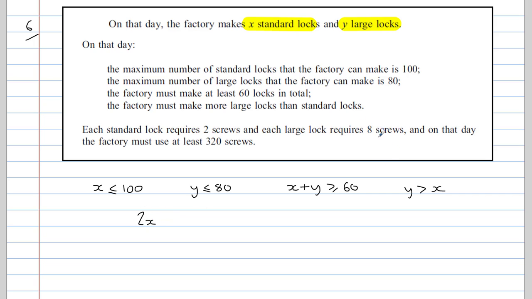For the large locks, if we need 8 screws for each and we make Y locks, we would need 8 multiplied by Y screws, and that must be greater than or equal to 320. This one can be simplified. Dividing through by 2 gives us X plus 4Y is greater than or equal to 160. So we've got 1, 2, 3, 4, 5 constraints.